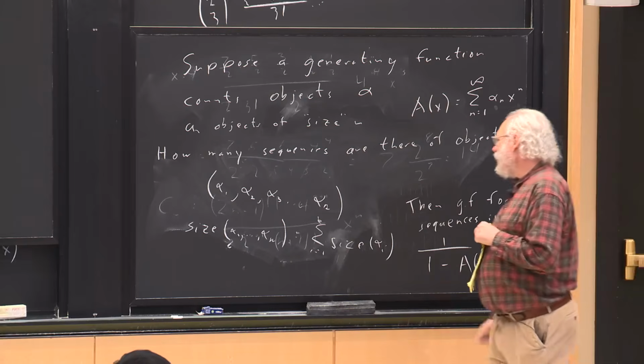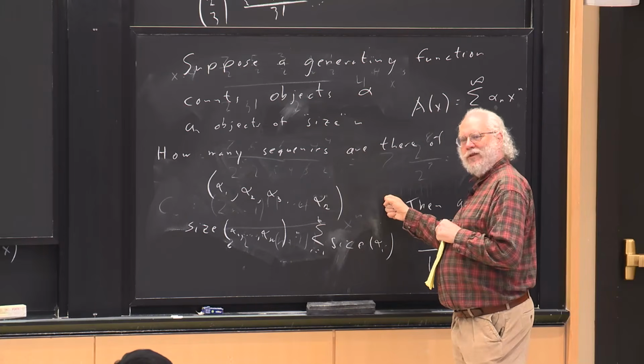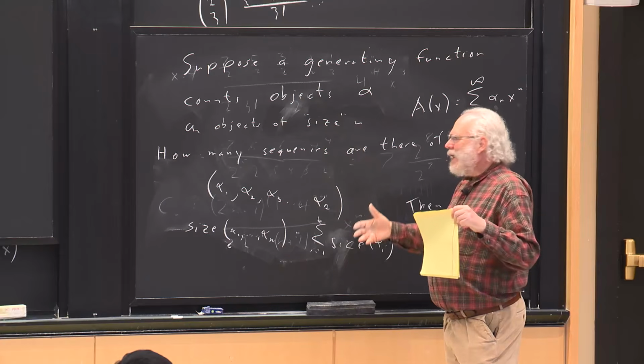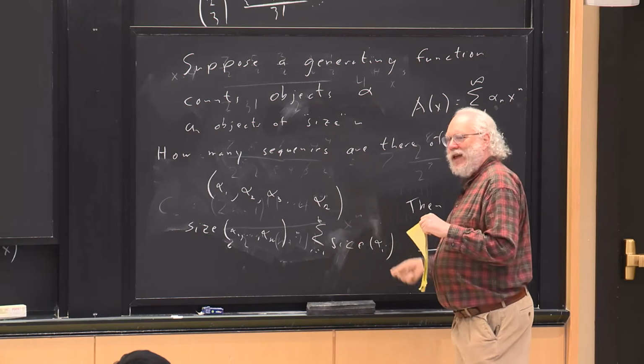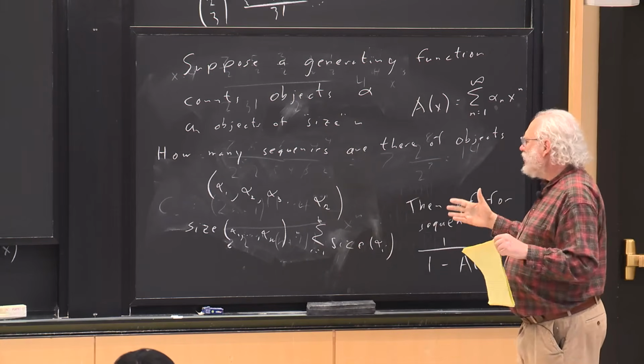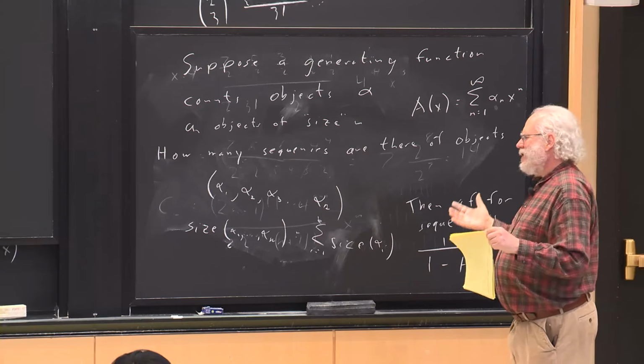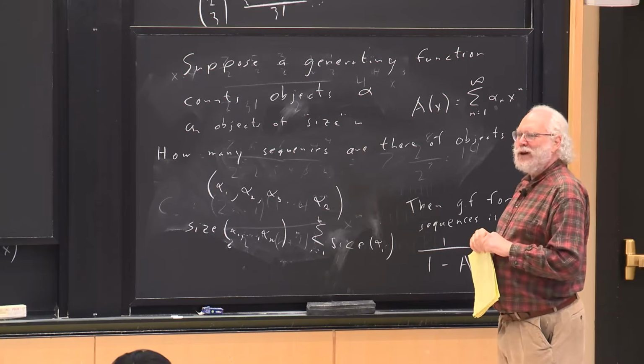If you could add arbitrarily many objects of size 0, you can get arbitrarily many sequences of any finite size, and that gives you infinities.